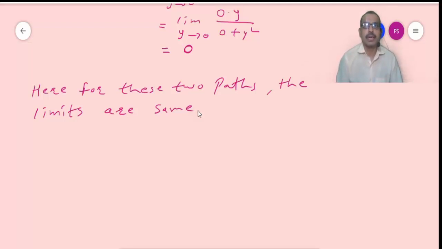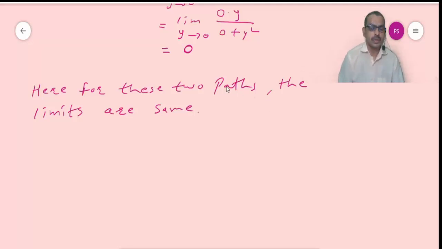First along the x-axis, that is y is equal to 0, and second along the y-axis, that is x equal to 0. Here for these two paths the limits are same. Here we take only two paths, but there are infinitely many paths. For other paths the value of the limits may be different.